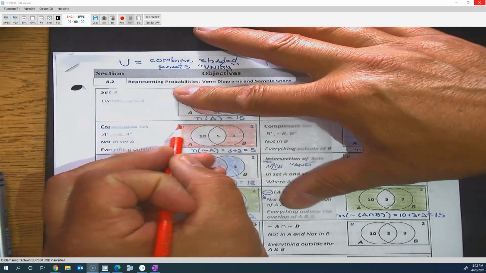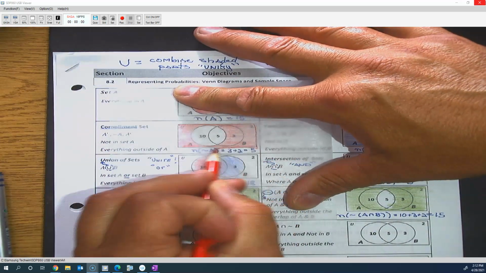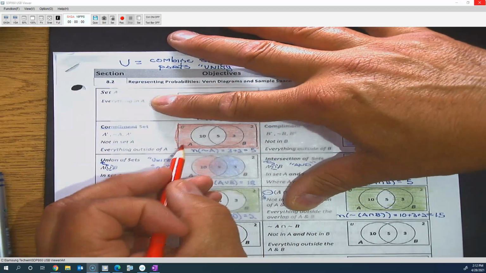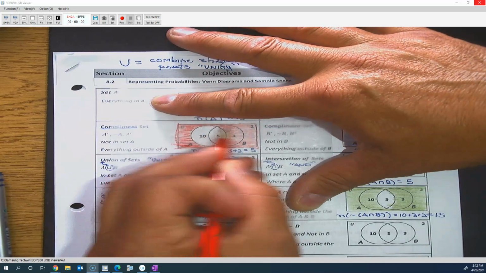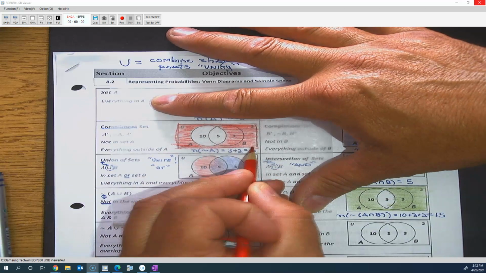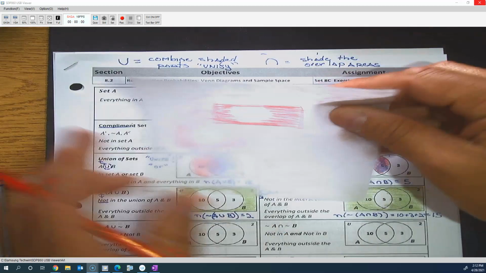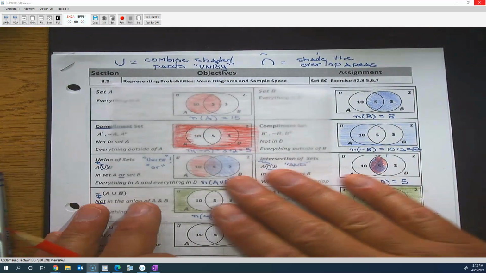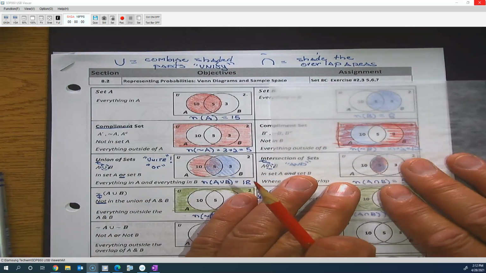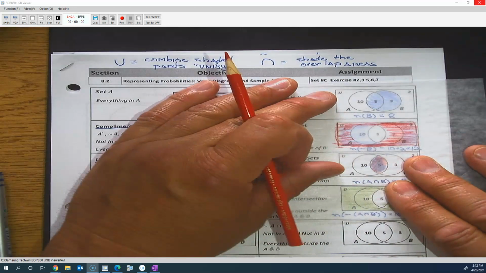So if I took my not A and I shaded it, okay, there's not A. And now I put that over not B. That shows me what should be shaded.